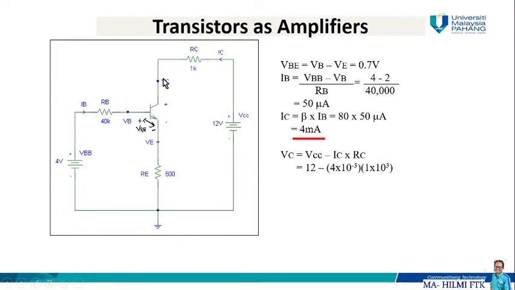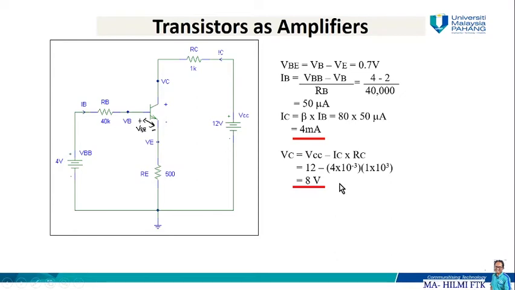Now we need to find VC. So VC is equal to VCC minus IC times RC. This is from Ohm's law. VCC is 12 volt, IC we obtained 4 milliamp, times RC 1 kilo ohm. So we should get VC is equal to 8 volt.